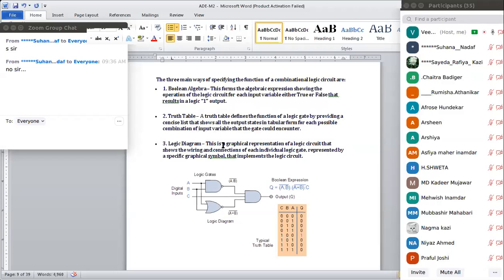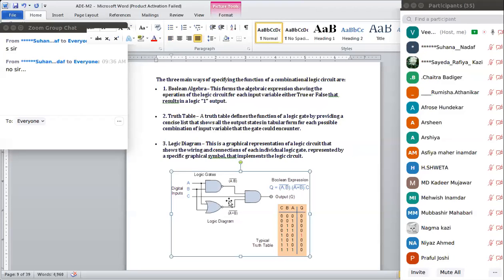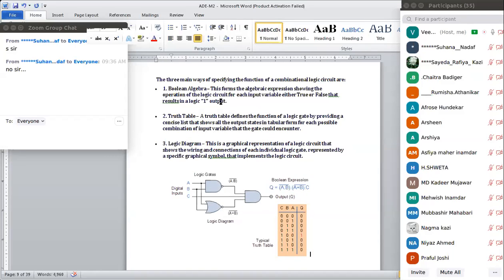Okay, so any function we need, that function is a Boolean algebra. Then we need to write a truth table for that, and then we need to draw a logic diagram. So this forms algebra expressions showing the operation of the logic circuits.